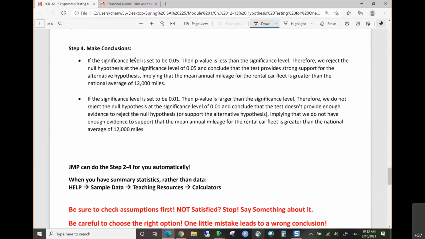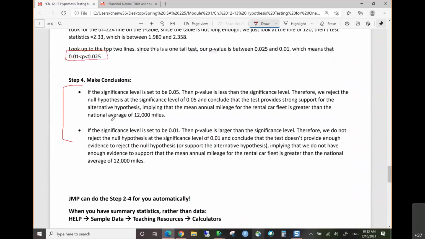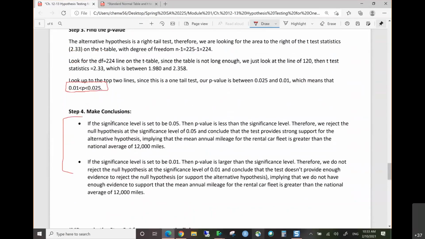So first, before we do the hypothesis test, the alpha, which is the significance level, is always given to you. But in this example, I just want to try two cases. So I just tried two significance levels. First, if the significance level is set to be 0.05, what will be your conclusion?